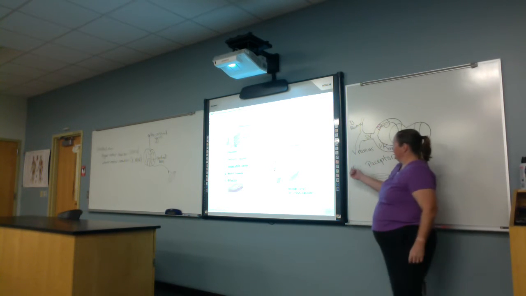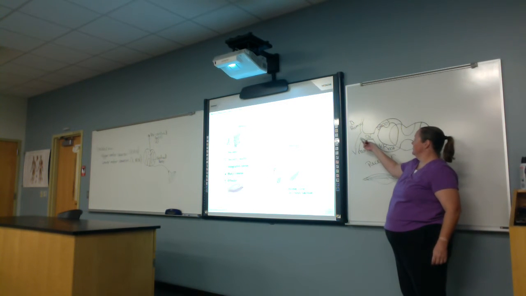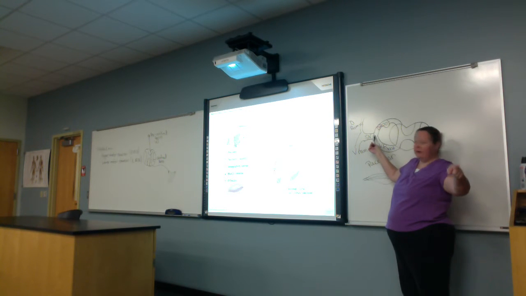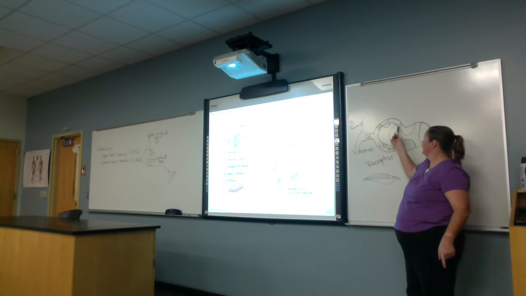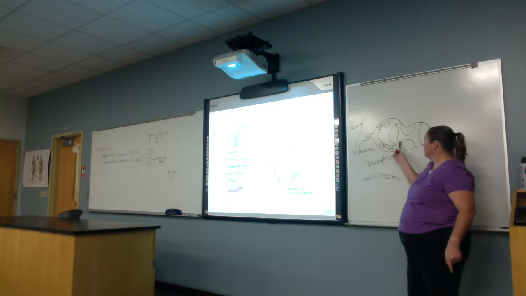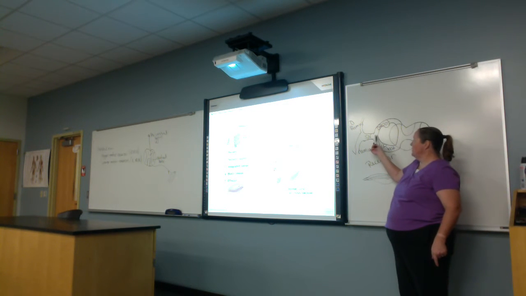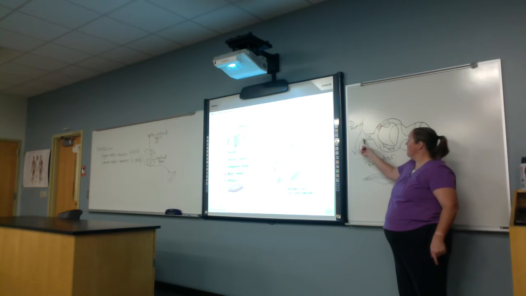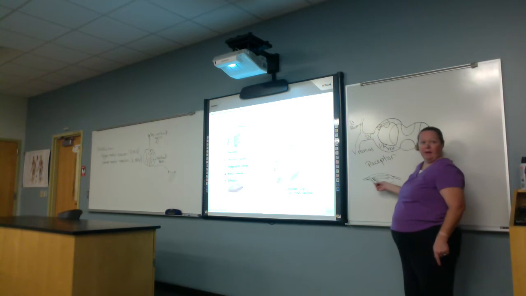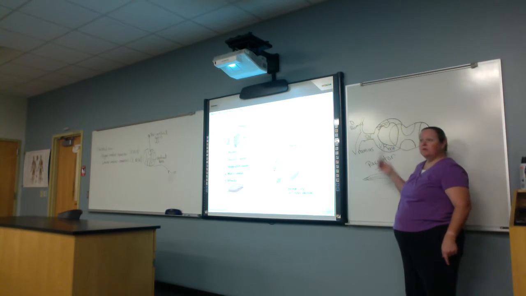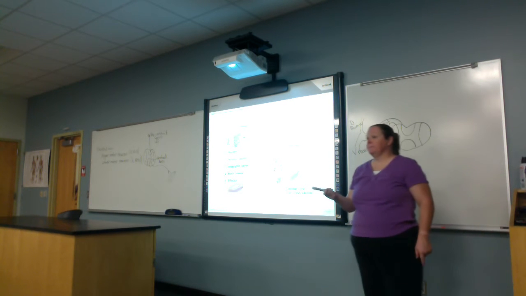So the sensory information comes in here, comes in through the dorsal root. It's processed, out here, back out, and back out to the muscle. Does that make sense?